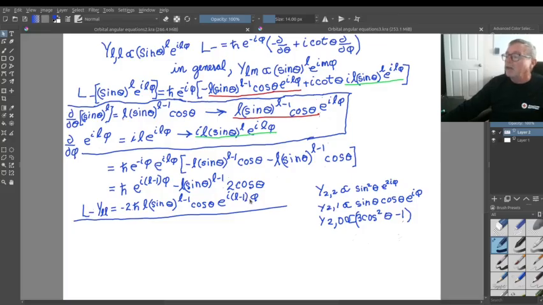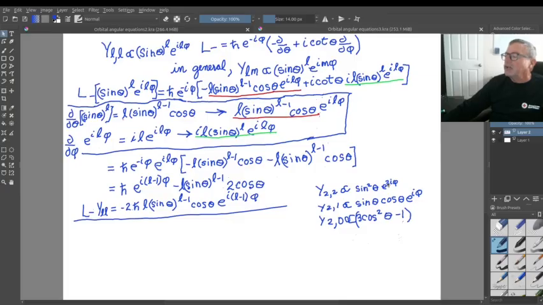If we apply this to a fixed case, 2 comma 2, then this would be sine to the L, which would be 2, theta, e to the 2i phi. That would be the general function.